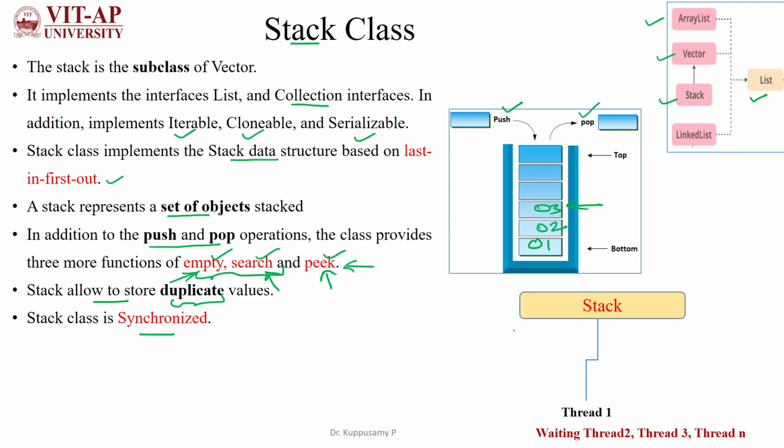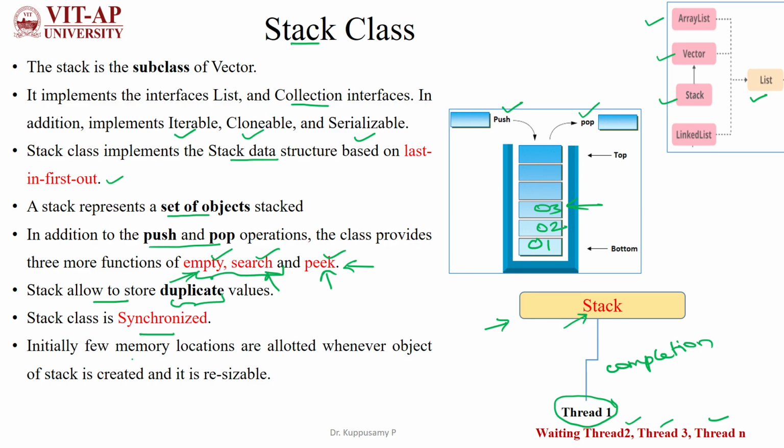That means when you are using threading, when one thread is accessing the stack object, if other threads come to access that particular object, they will wait in the queue until the first running thread completes. After completion, another thread will access that stack object.